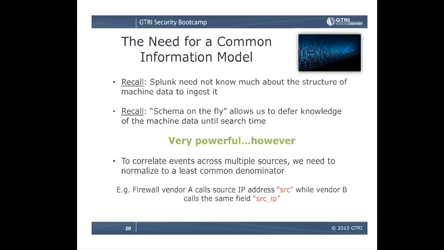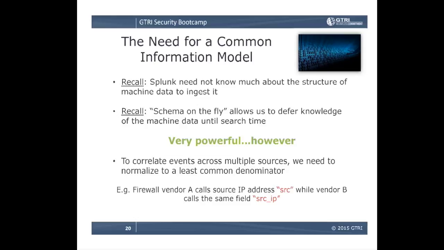Well, obviously, if you go and run a search on just SRC fields, you're going to completely miss all of the data that you get across vendor B. So to get around that, we like to implement the notion of this common information model that normalizes SRC and SRC_IP under a common denominator, which just happens to be SRC_IP.